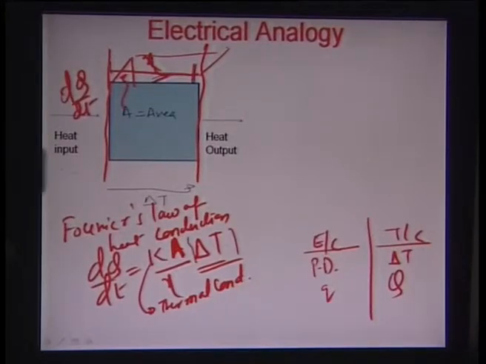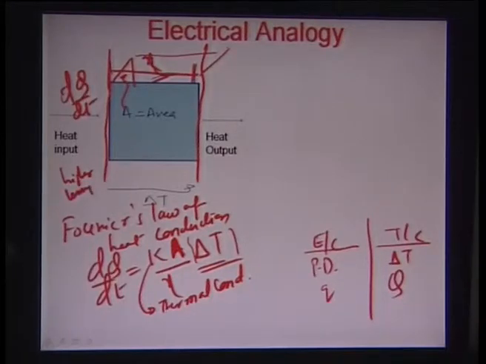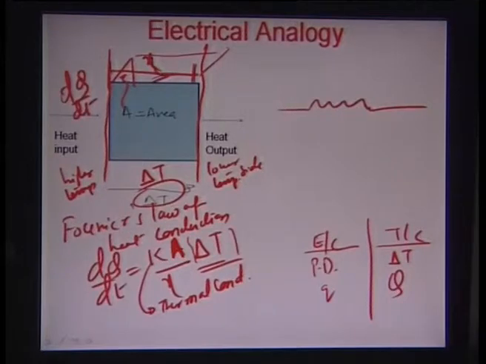So this is certainly the higher temperature side. This is the lower temperature side, and delta T is nothing but the difference between the two temperatures. If you put a circuit equivalent, this is more analogous to a resistance, where you have a current across it, which is also the rate of flow of charge.